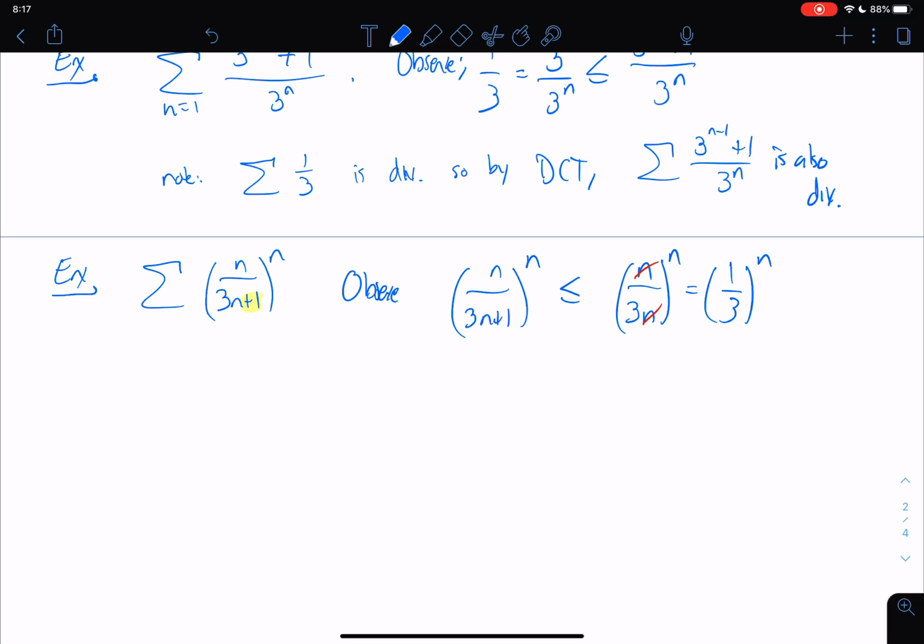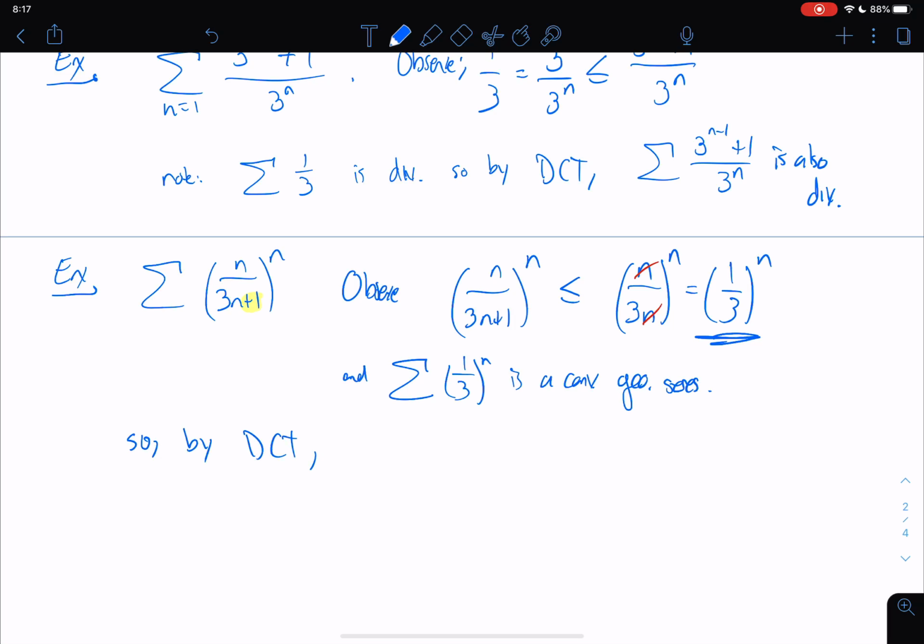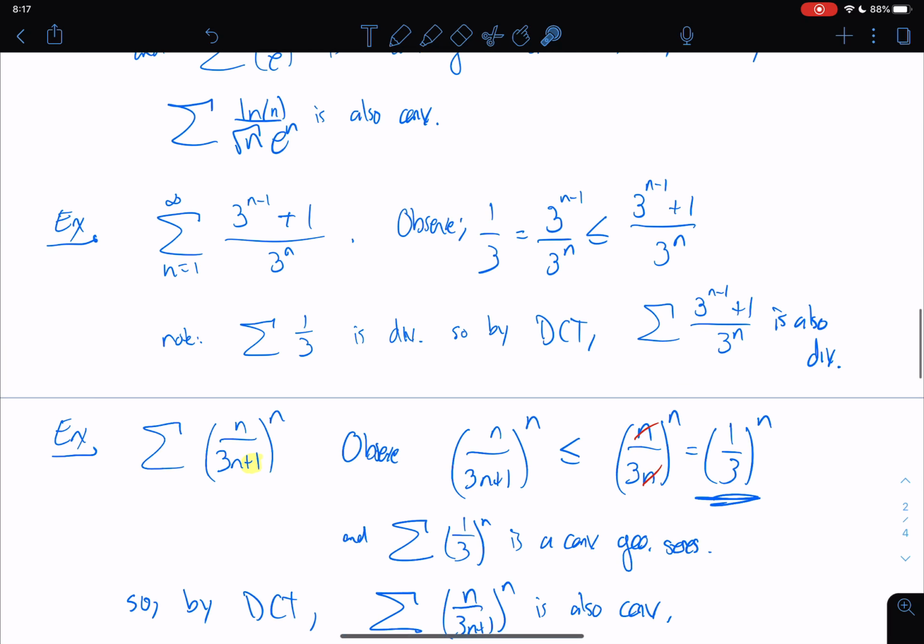This defines a geometric series. So the series (1/3) to the n is a convergent geometric series. So by the direct comparison test, the proposed series, (n over 3n plus 1) to the n, is also convergent. And you start to see these common themes, the adding, the deleting of these extra things, this deleting of the 1 here.